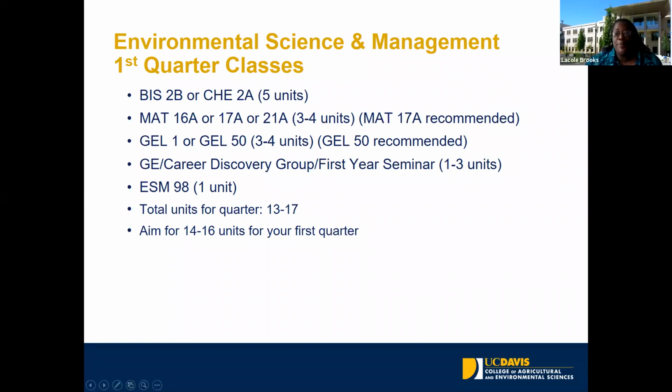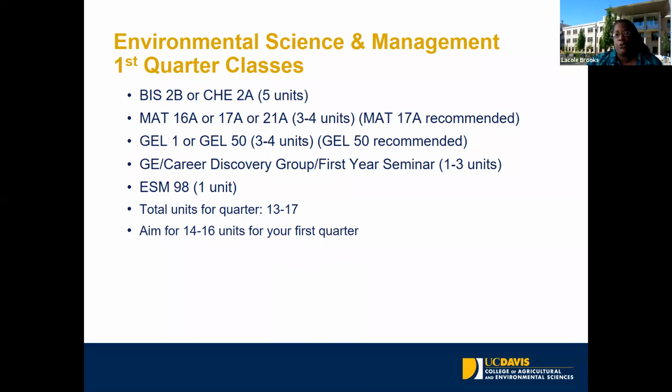Okay, for environmental science and management, fall quarter classes, we recommend you take Bio 2B or Chemistry 2A, Math 16A, 17A, or 21A, Geology 1 or Geology 50, a GE, Career Discovery Group, or First Year Seminar. Also, ESM 98.